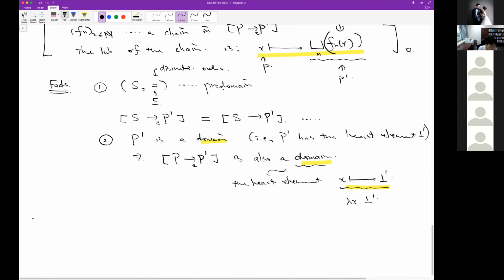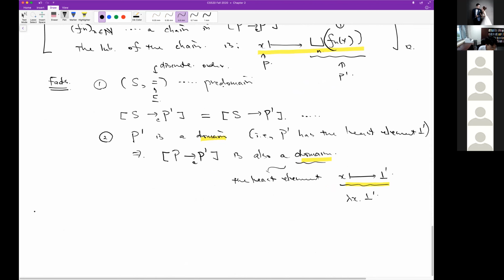The second. Okay, before going to the second, here's some important result. Maybe it's another theorem.